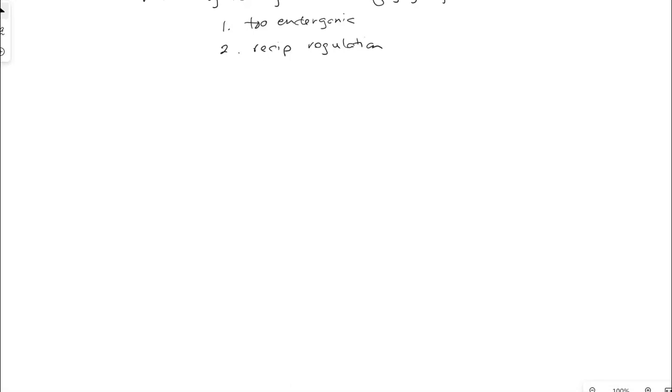So, what's replaced? What's replaced is hexokinase-glucokinase, phosphofructokinase, and pyruvate kinase.